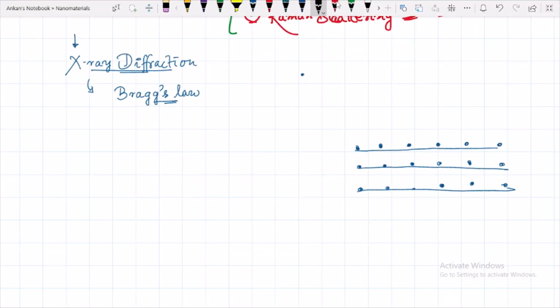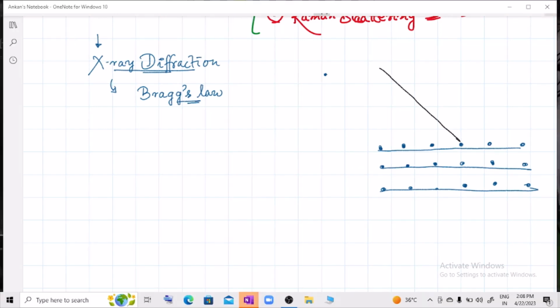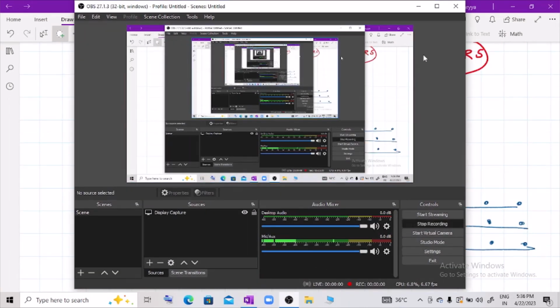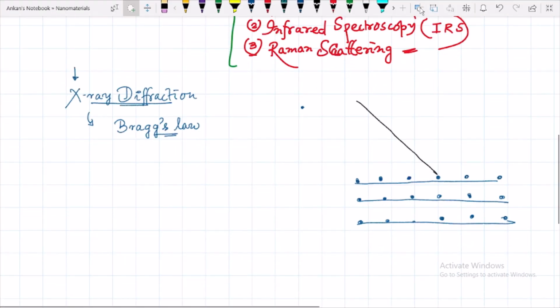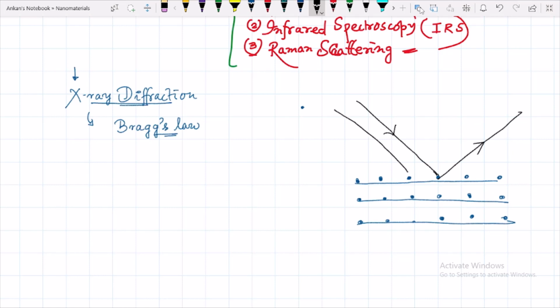So let us consider the X-ray on it. A light ray falls on this atom and is reflected back to this direction, and another light ray is incident on the second atom placed in the second lattice plane and reflected back in this direction.